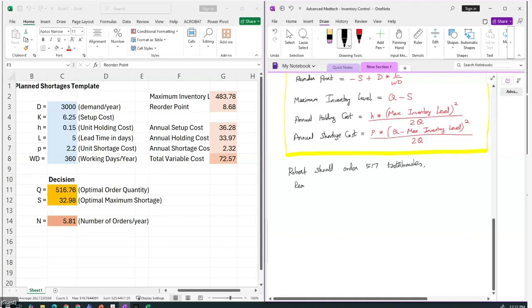He should reorder when the inventory reaches 9 toothbrushes. What is the maximum allowable shortage? That will be approximately 33 toothbrushes.